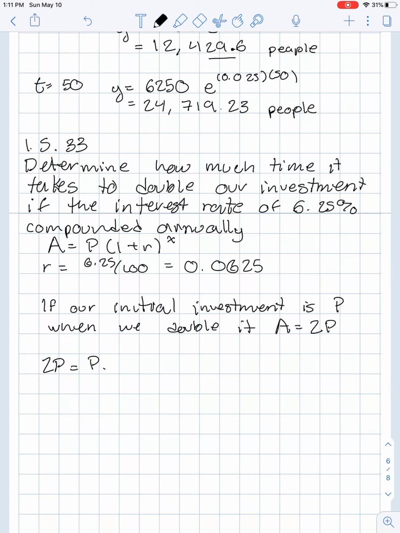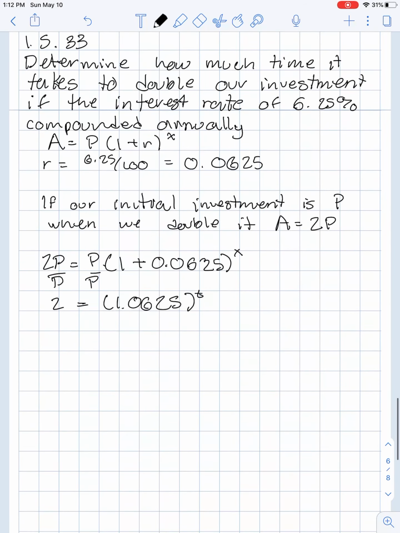So I'll have 2P equal to P(1 plus 0.0625) to the x. Well, I can divide by P on both sides. So that I'll get 2 equal to 1.0625 to the t.